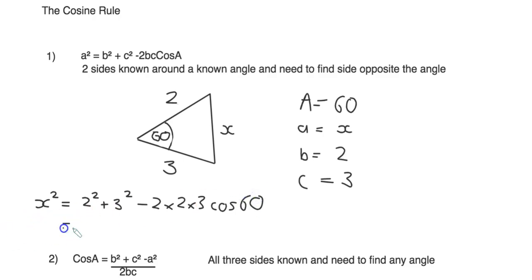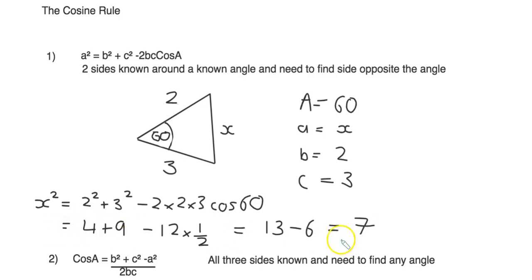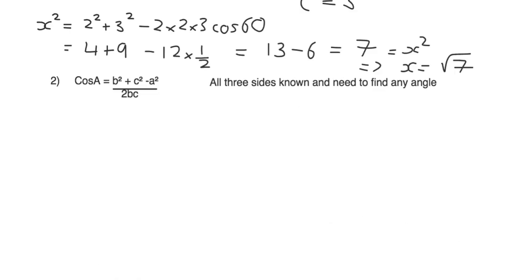If we simplify that, we get 4 plus 9 minus 12, and cos 60 is a half. If we neaten that up more, we have 13 minus 6, and that's going to equal 7. Remembering that this is all still equal to x squared, and we want x, x is simply going to be the square root of 7.